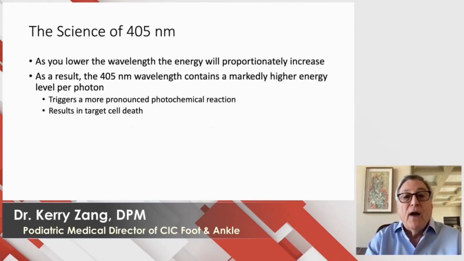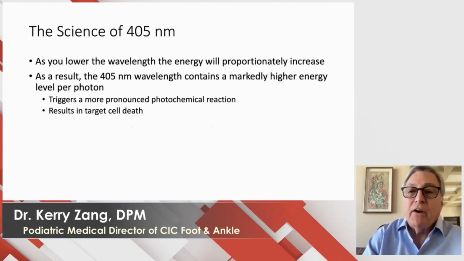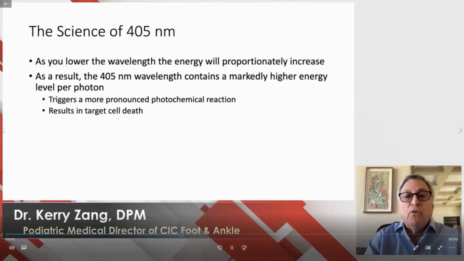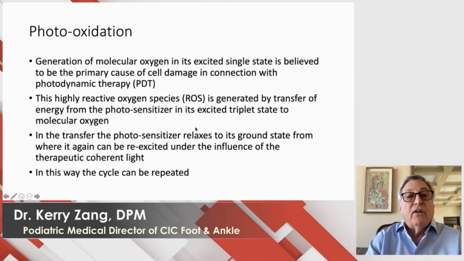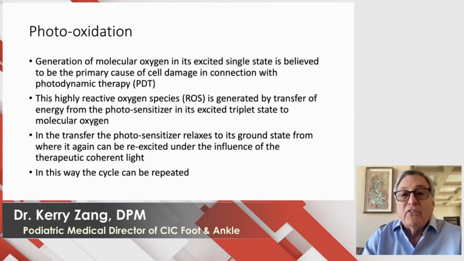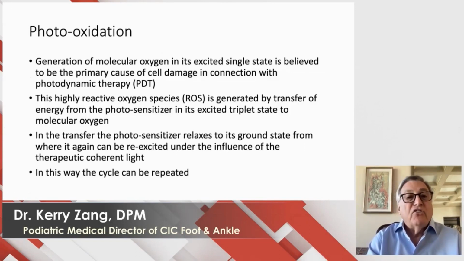The science of the 405: as you lower the wavelength, the energy will proportionally increase, and as a result, this wavelength contains markedly higher energy levels per photon. This triggers a more pronounced photochemical reaction, resulting in cell death. The generation of molecular oxygen in its excited singlet state is believed to be the primary cause of cell damage in conjunction with photodynamic therapy.